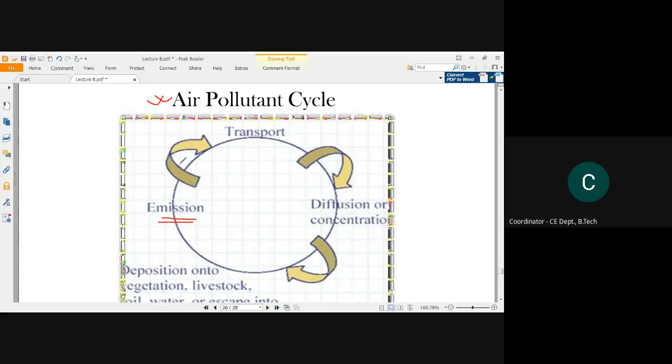Next, it is transported due to the wind velocity or the particular existence of the building height, or the terrain height, due to that particular terrain site. अब क्या होता है, कुछ जगह में ऐसा होता है कि बहुत लंबी जो बिल्डिंग्स कंस्ट्रक्शन रहता है वहां पे एयर कंडेंस होने का चांस बहुत ज्यादा रहता है rather than the village place and the low height building constituency place. So there our transport system will vary due to that wind velocity. So after that cycle it gets diffused or concentrated.